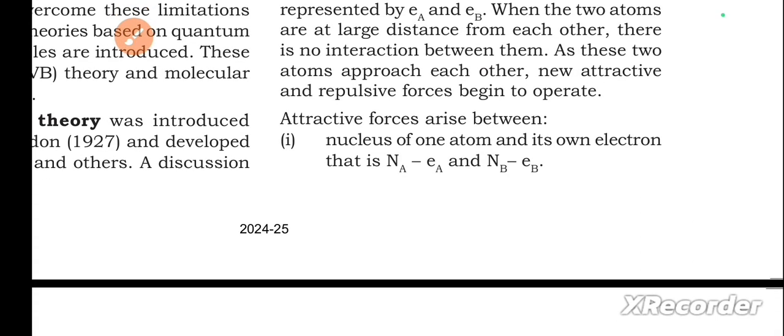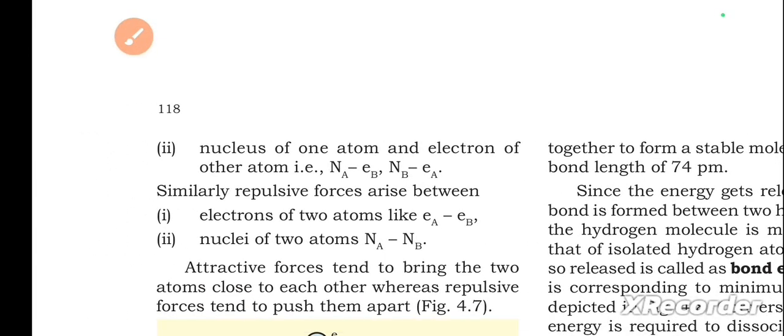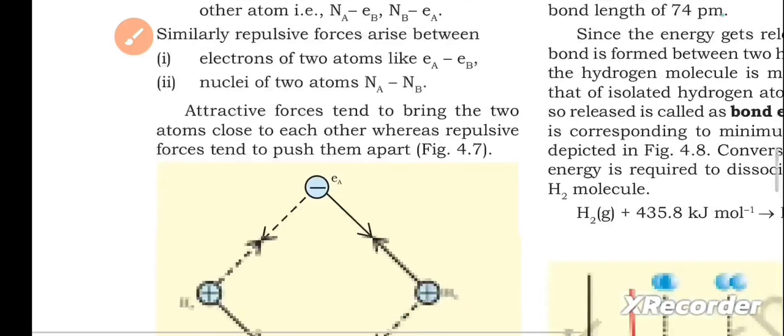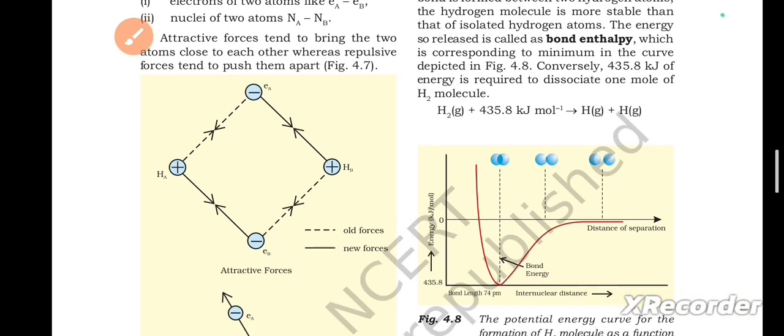Attractive forces arise between, first point, the nucleus of one atom and its own electron, that is Na and Ea, and Nb and Eb. Next, second point, the nucleus of one atom and the electron of the other atom, Na Eb and Nb Ea. Similarly, repulsive forces arise between, first one, the electrons of the two atoms, Ea Eb, and next, the nuclei of the two atoms, Na Nb. Attractive forces tend to bring the two atoms close to each other, whereas repulsive forces tend to push them apart.